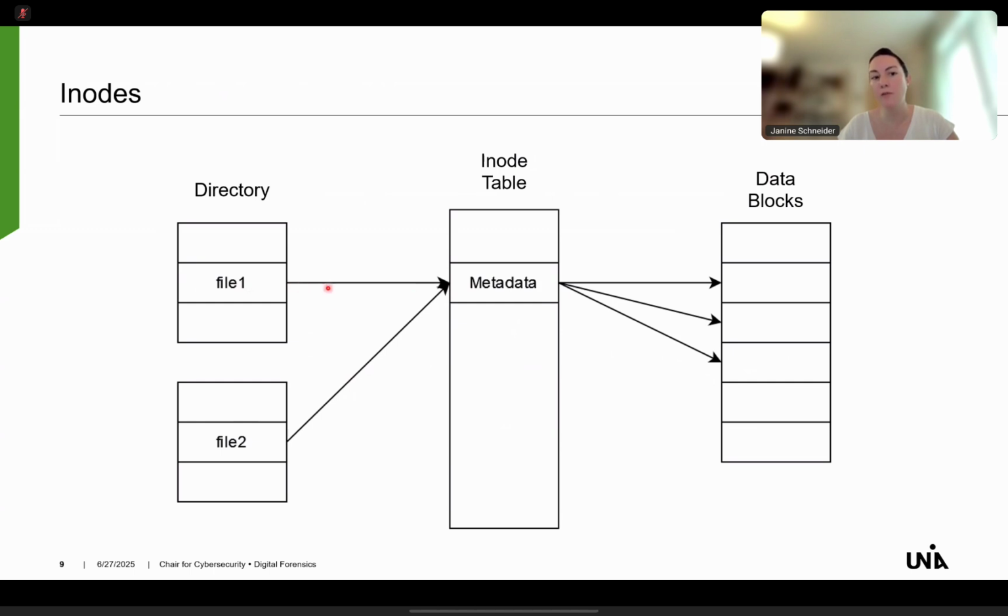So we have one file with two file names and one inode. As I said, the file name is stored in directory entries, and this is depicted here. You have two directory entries which contain a name. Both of them have the reference to the same inode, and the inode contains the same data blocks. So the content is the same for these two files. We just have two file names.